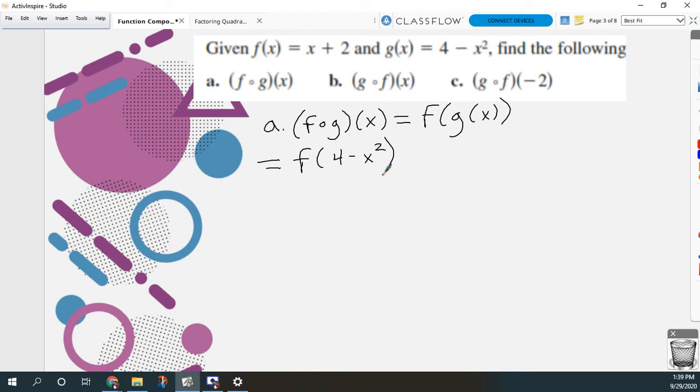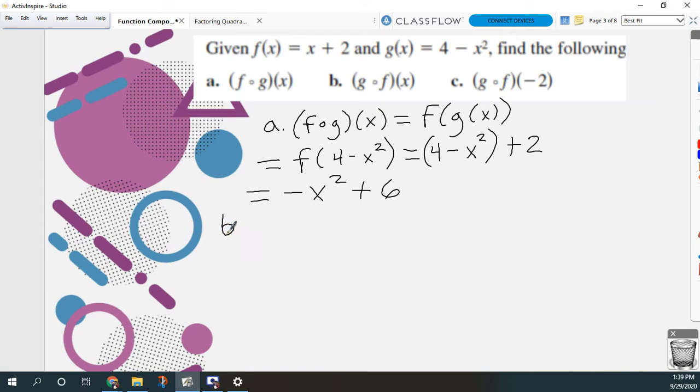So remember, it's like copying and pasting. I'm going to take this 4 minus x squared, copy it, and then paste it anywhere that I have an x for my f of x. So instead of writing x, I'm going to write 4 minus x squared. And then I'm going to add in the plus 2. So then simplifying, I get negative x squared plus 6.